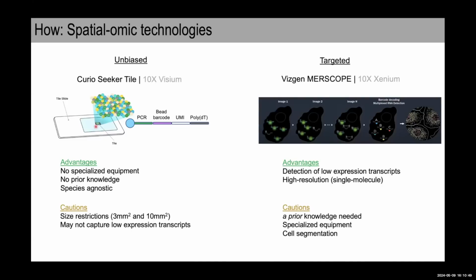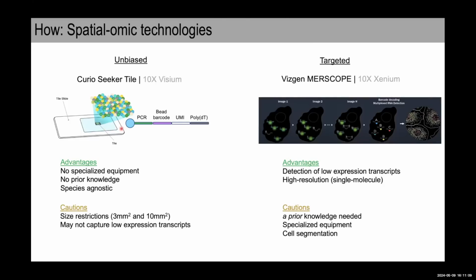Essentially this entails a very small glass slide that has an array of oligos attached to it. All these beads are arranged in a very specific manner and very close together, with 10 micron resolution.